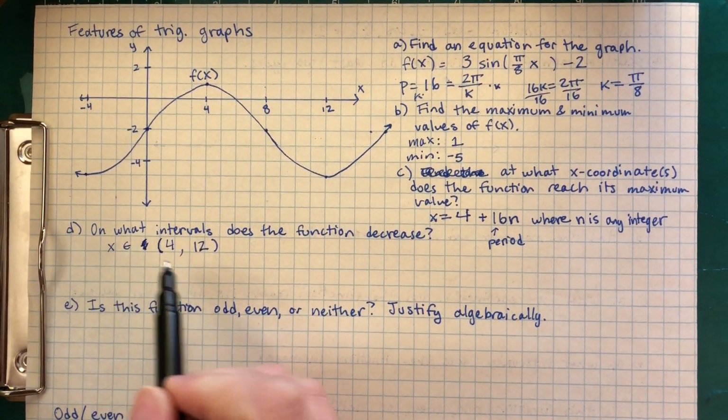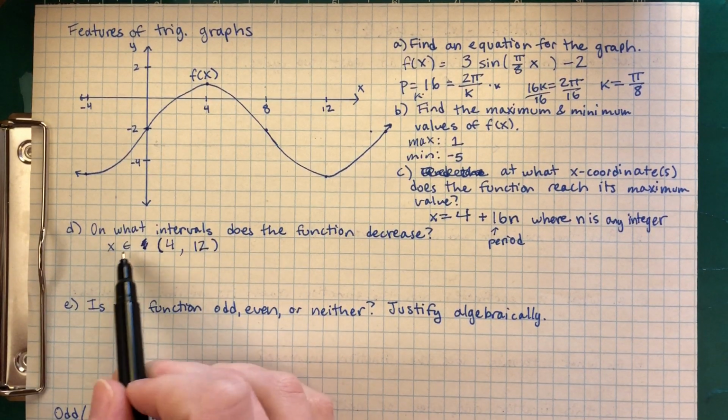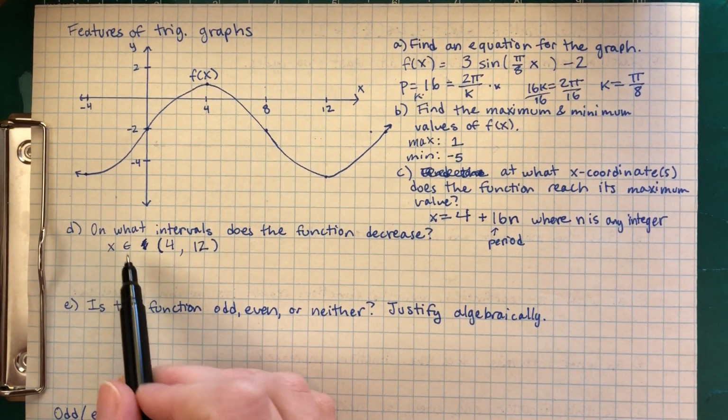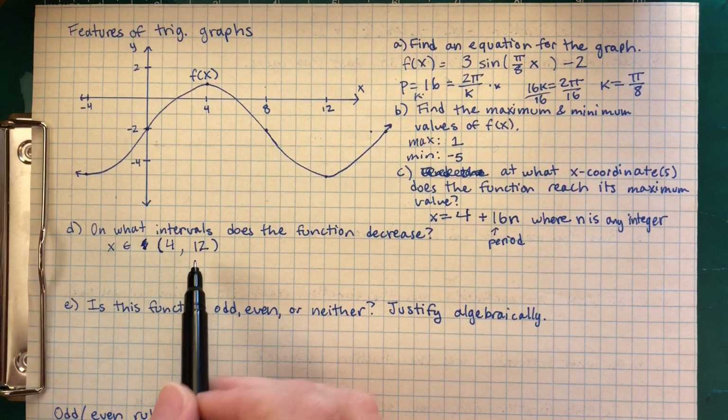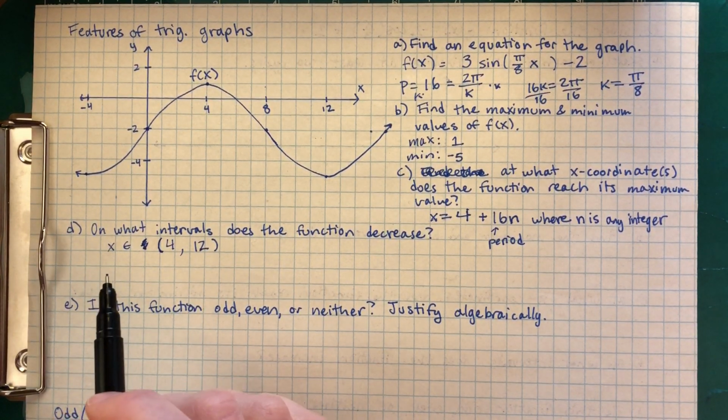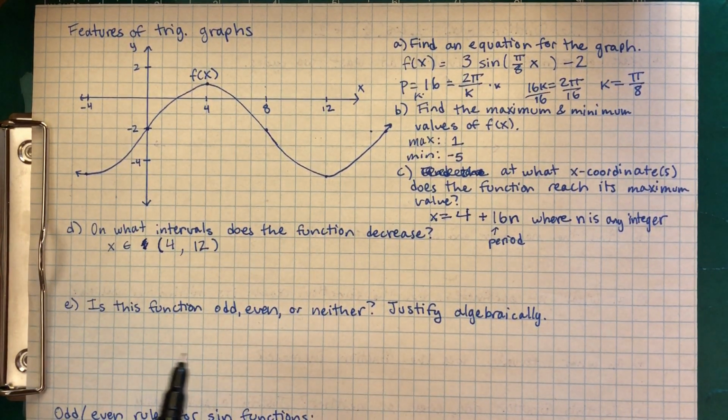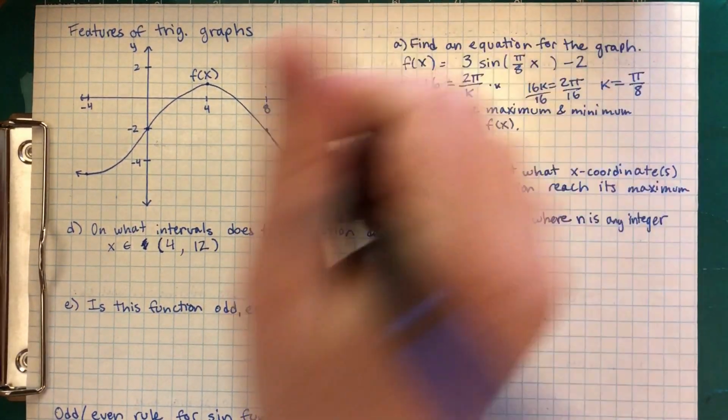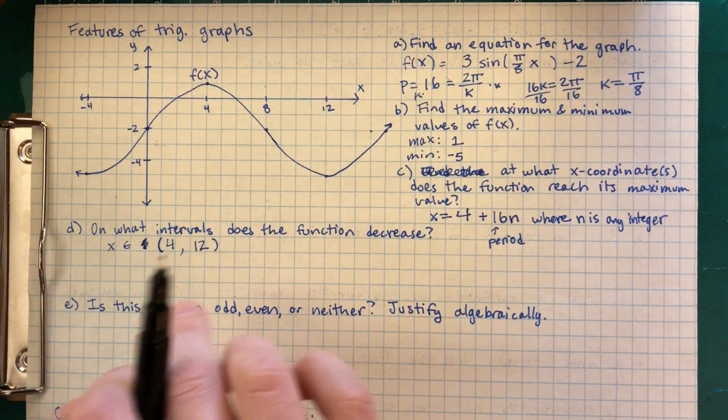This symbol just means that x has to be someplace in this interval. You can read the symbol to say like, x is in the interval 4 to 12. But this is not the only place where the function is decreasing. If we were to continue this graph, we would see more places where the function is decreasing.